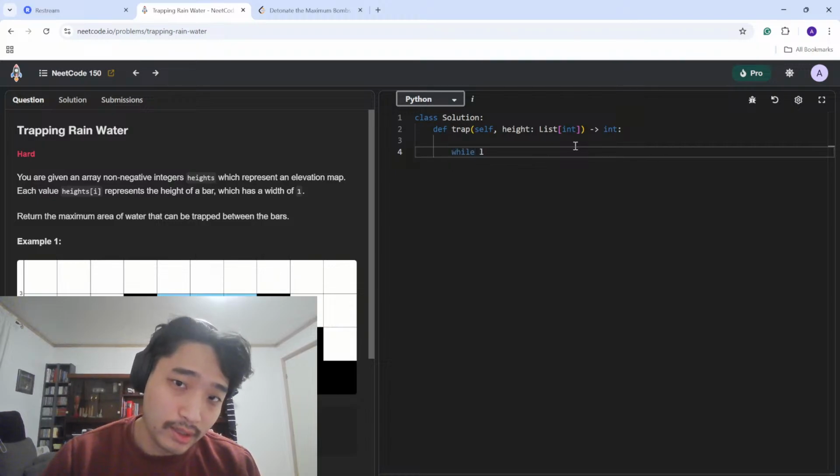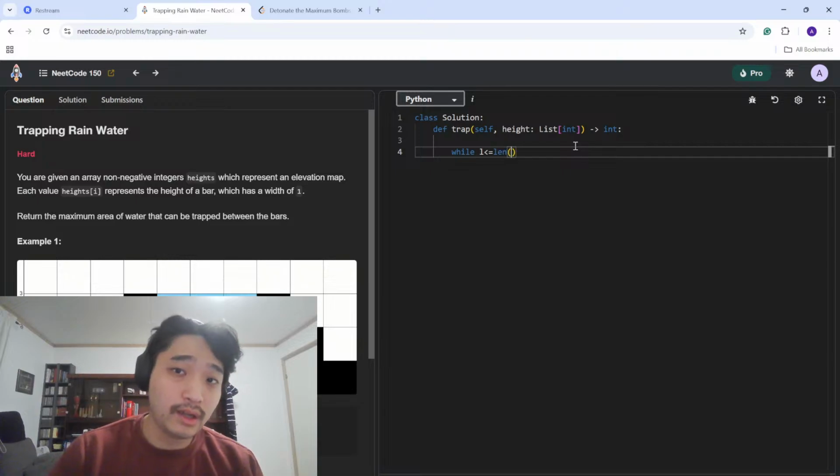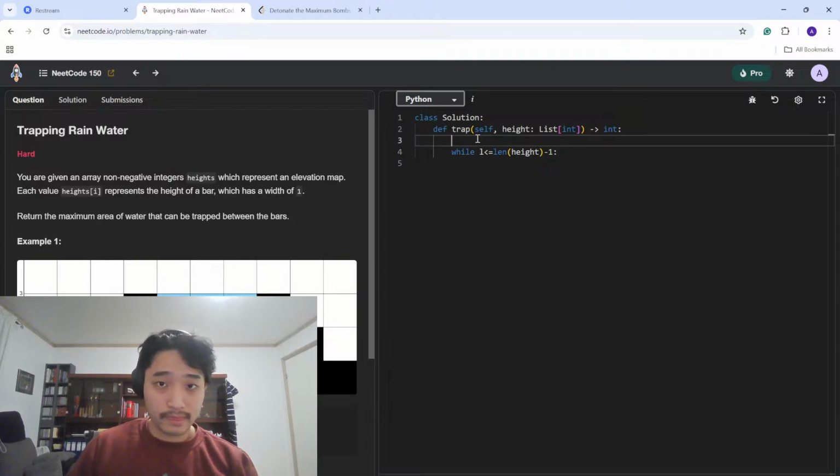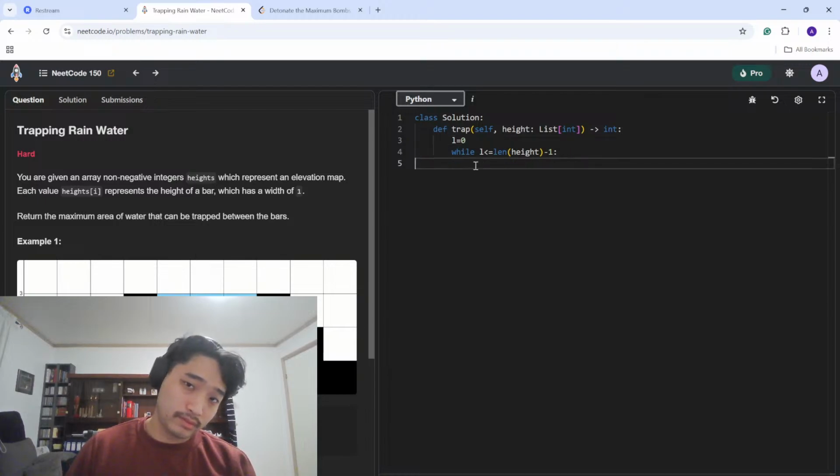While L less than equals to len of height minus 1, 0.